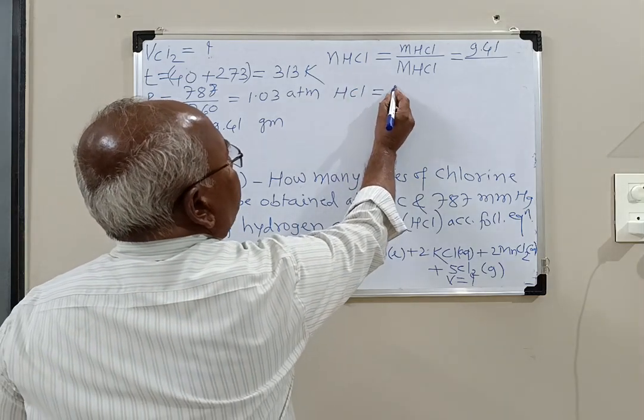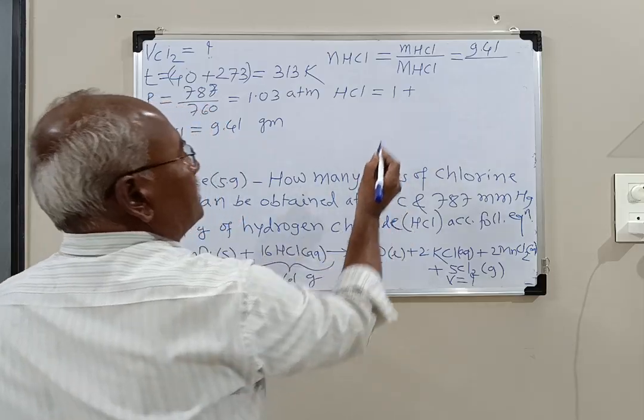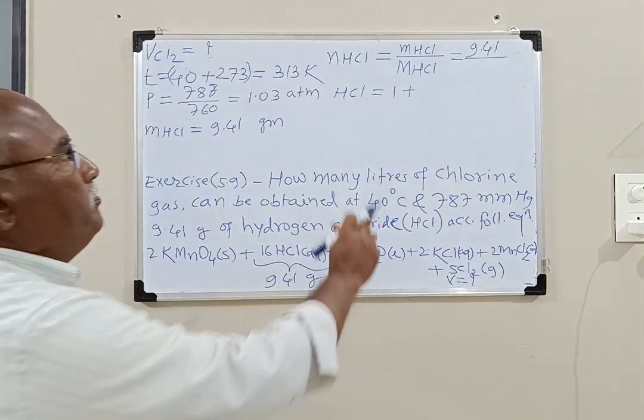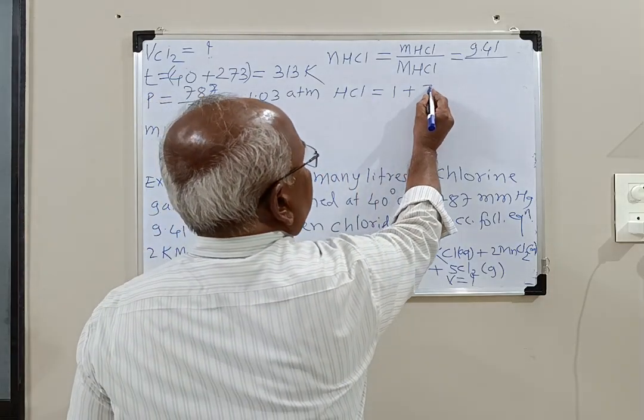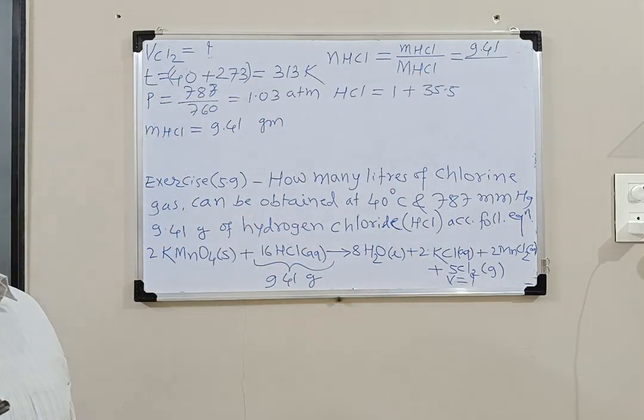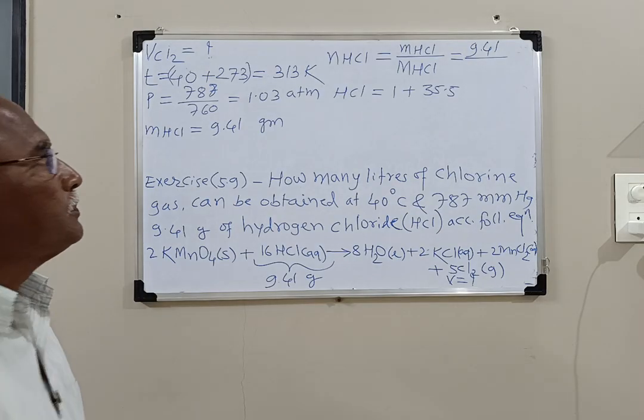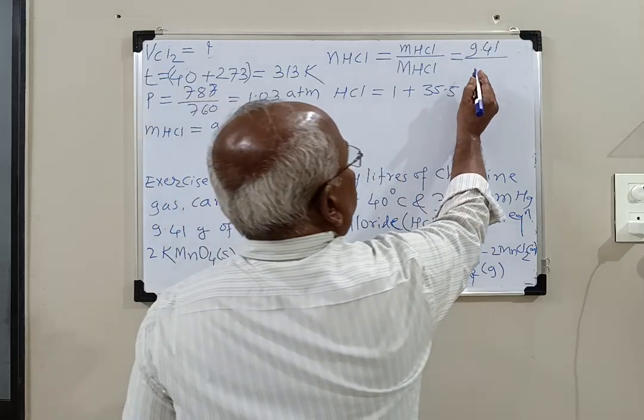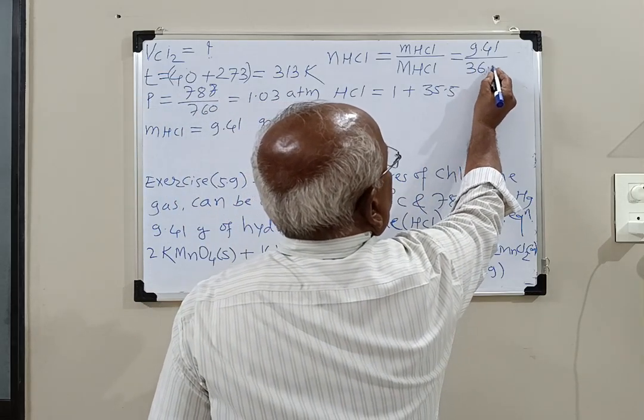Atomic weight of hydrogen is 1 plus atomic weight of chlorine is 35.5. These are known values provided in the question paper. The answer is 36.5.